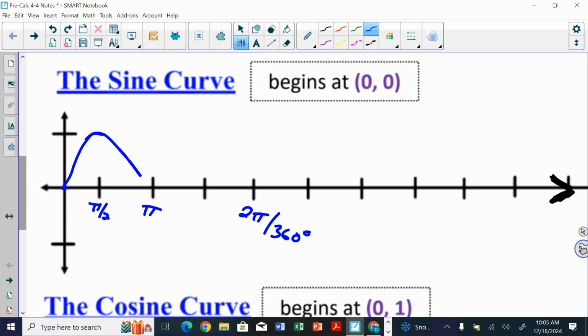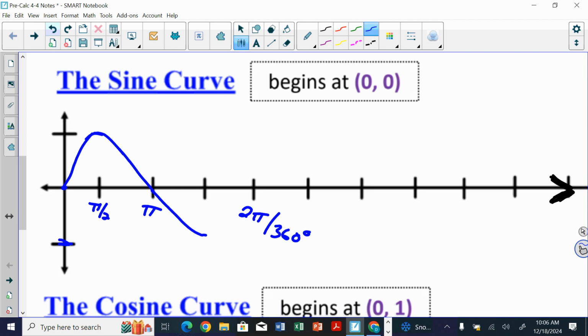At pi, it goes through the x-axis again. Then it comes down here and is at -1. It should be a nice smooth curve; mine's got a little bit of problems. Then it keeps doing that. Down here it should curve down and be about -1 at about 270 degrees or so.